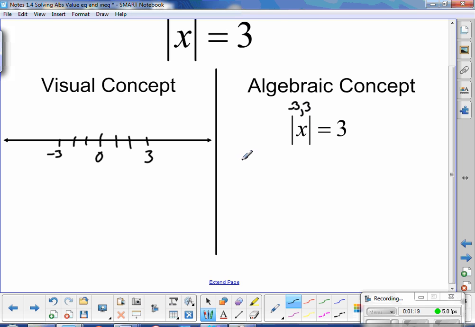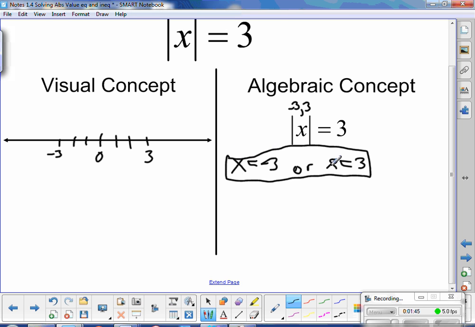That x, which is the stuff on the inside, has to be negative 3 in order for this to be equal to 3. There's no solving involved. Also, it could be x equals positive 3, because the absolute value of positive 3 is still 3. So put a little "or" in between there, and you are done. No other solving is involved because the x is already isolated.